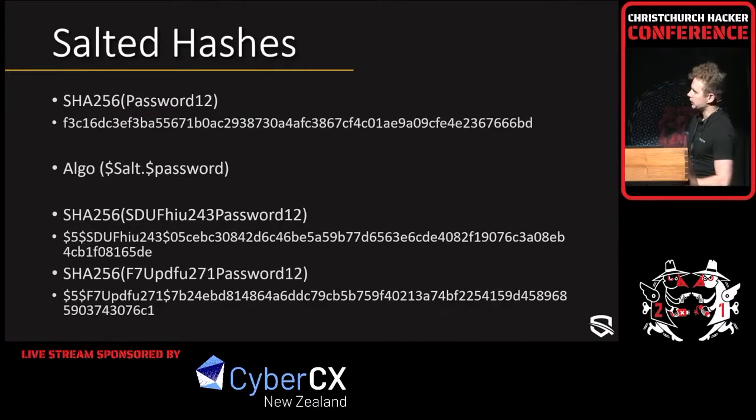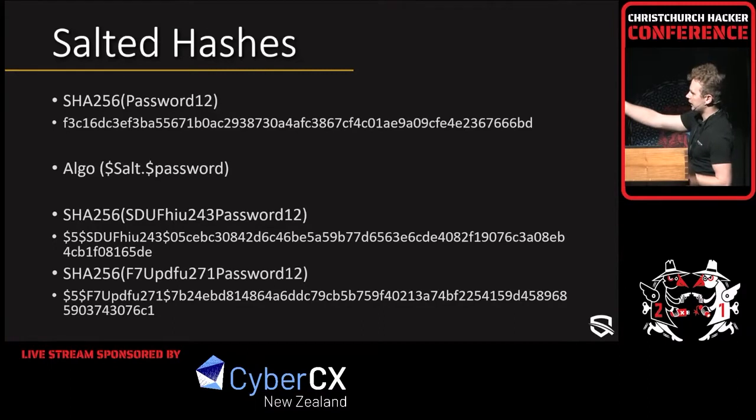One way to get around that is to apply a value called a salt to the password. That just adds an additional string, which is randomized for each password that's stored, to modify the value that we get out of the hash at the end. You can see that at the bottom there.